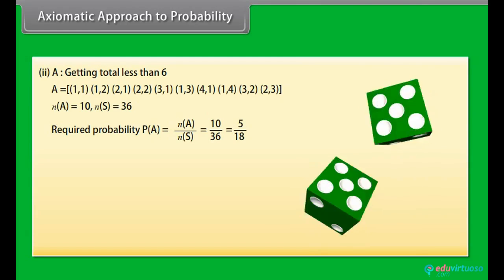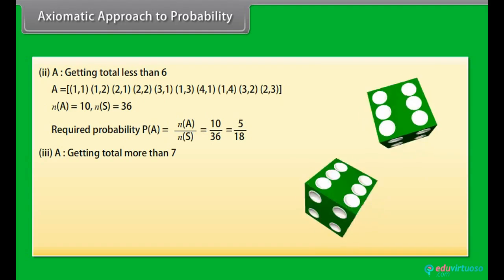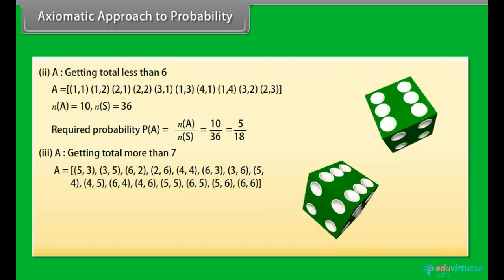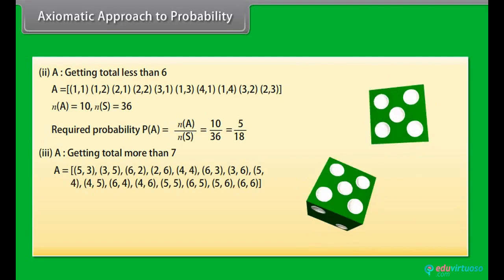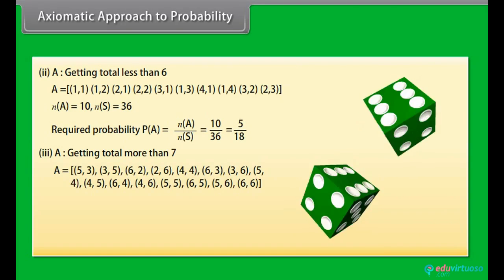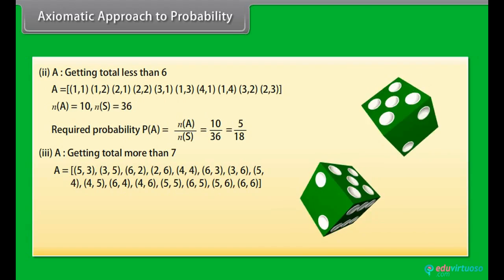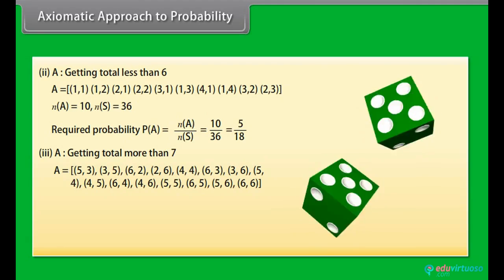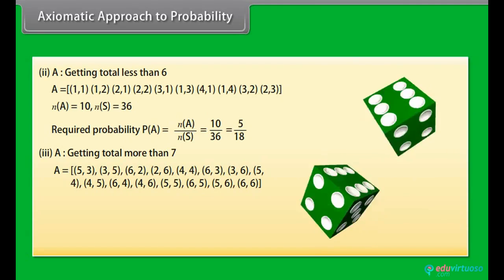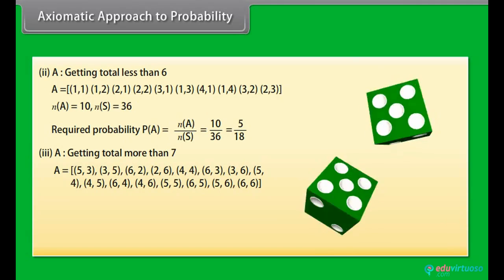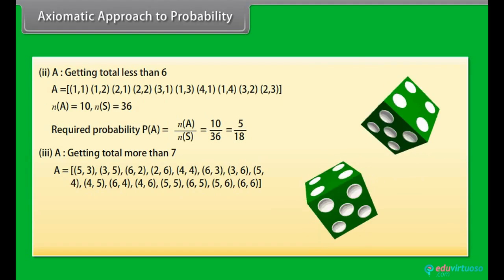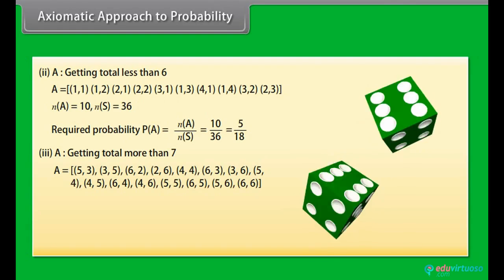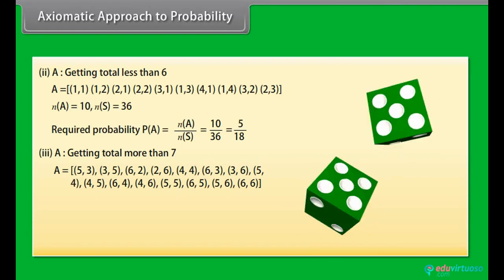3. A. Getting total more than 7. A is equal to (5,3), (3,5), (6,2), (2,6), (4,4), (6,3), (3,6), (5,4), (4,5), (6,4), (4,6), (5,5), (6,5), (5,6), (6,6).